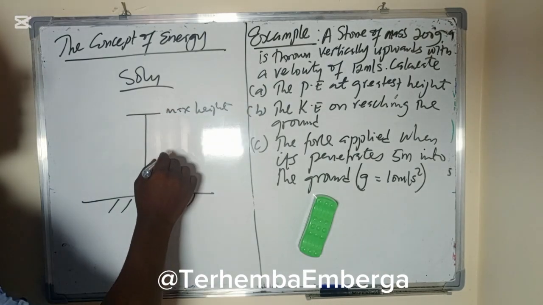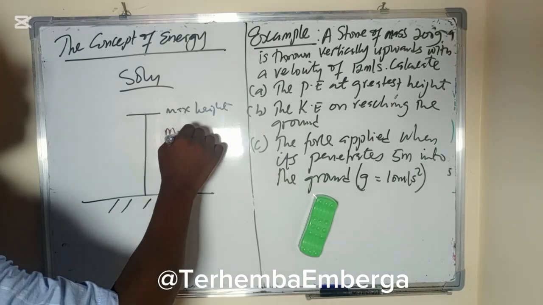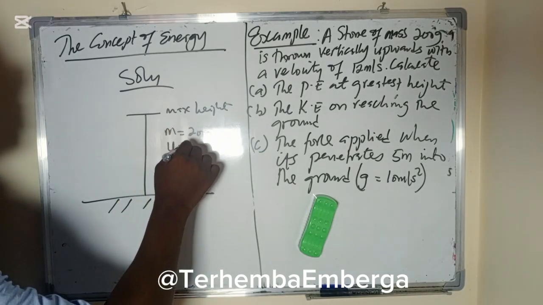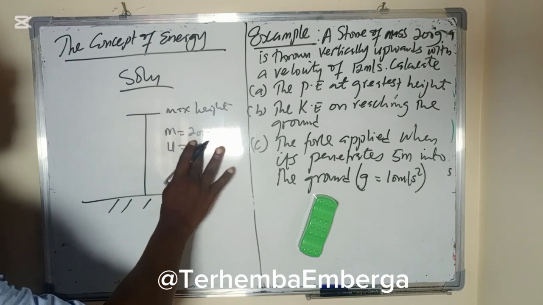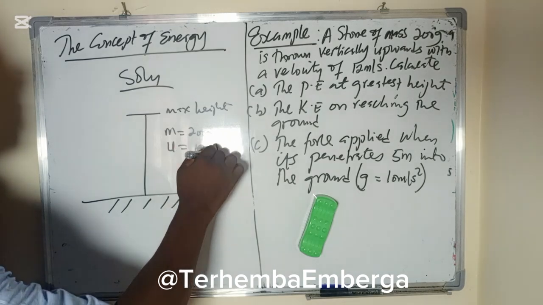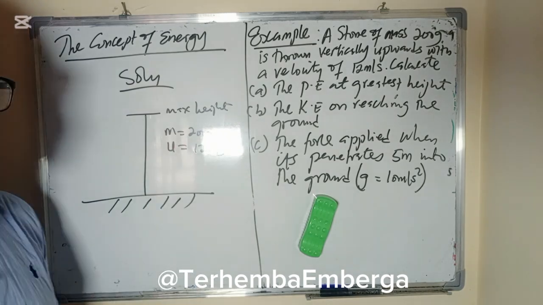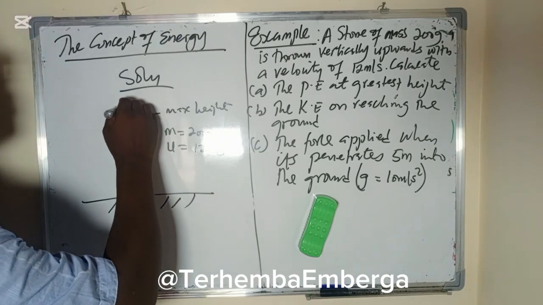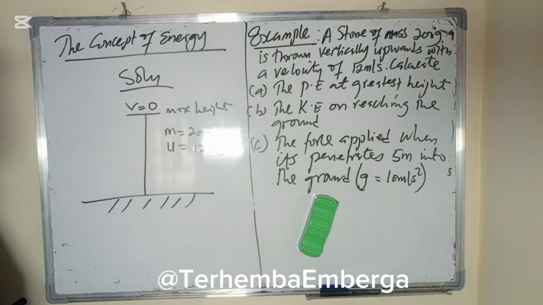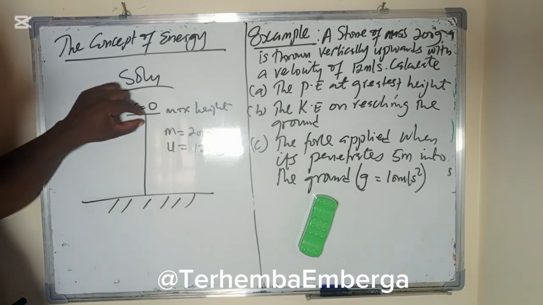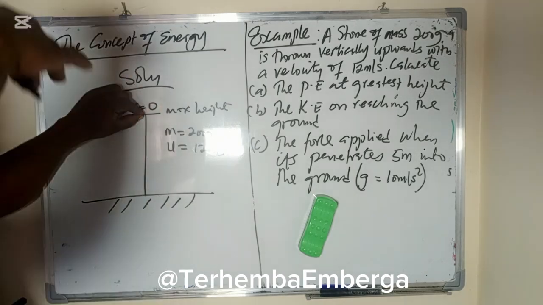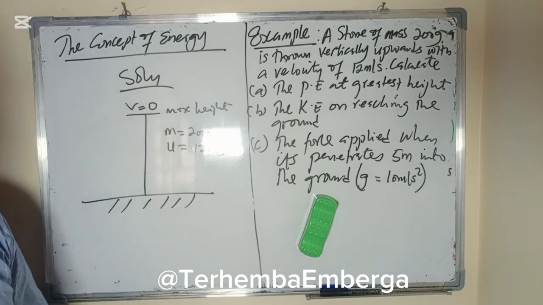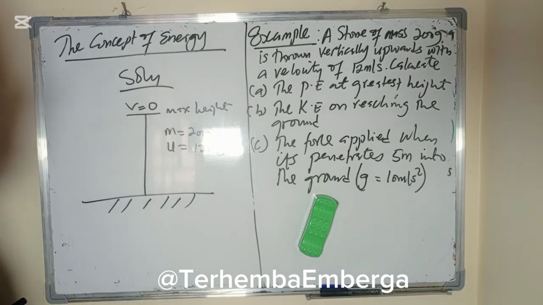So that stone has a mass of 200 grams and the velocity is 12 meters per second. When an object is thrown vertically upward, at maximum height, v is equal to 0. The reason is that at maximum height, it will rest before it will start coming down. So the final velocity at maximum height is always 0. I hope you know that.